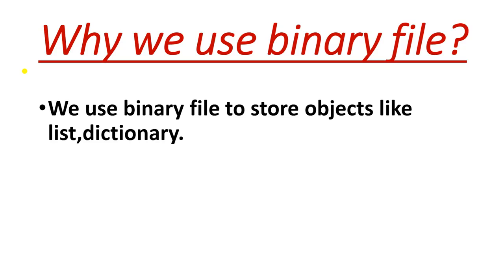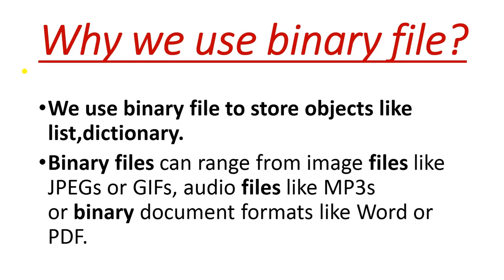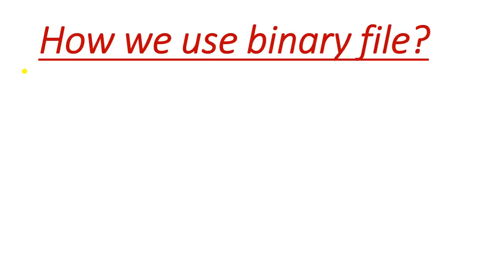We use the binary file to store objects like list and dictionary. Binary files can range from image files like JPEGs or GIFs, audio files like MP3s, or binary document formats like Word or PDF. Then how do we use binary file? We know the working of text file, that how we use the text file.